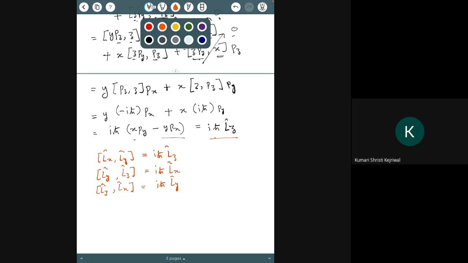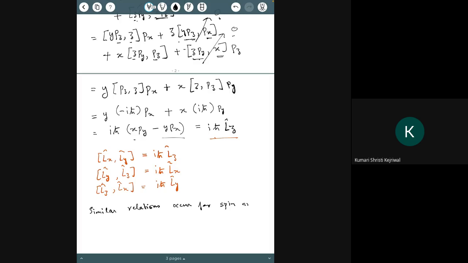And similar relations occur for spin angular momentum operators, which are also simply called spin operators, by the way. And that is Sx, Sy, and Sz.